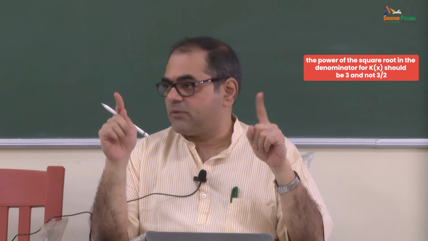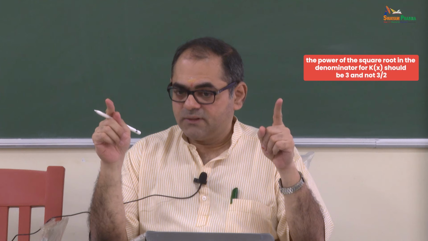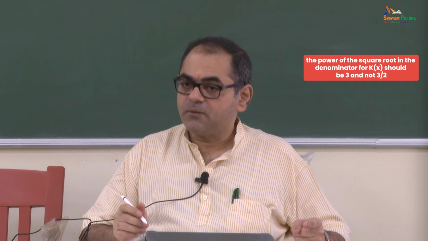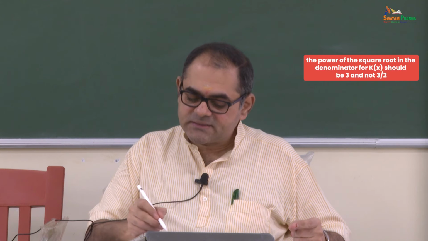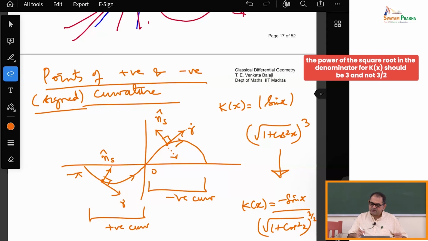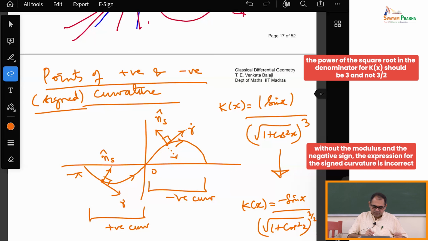So what sign to put is something you always have to worry about. If you write mod sin x divided by this and forget to put the sign, then you will get a negative sign where you should get a positive sign, and a positive sign where you should get a negative sign.